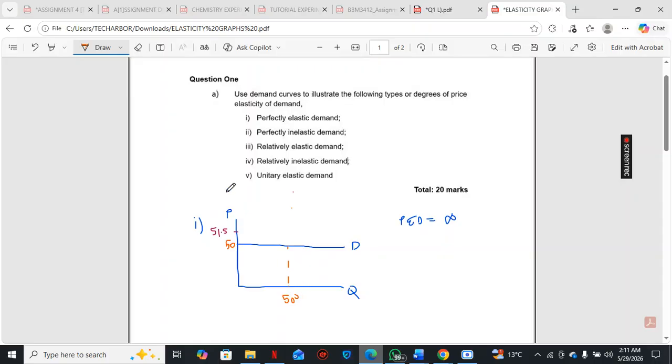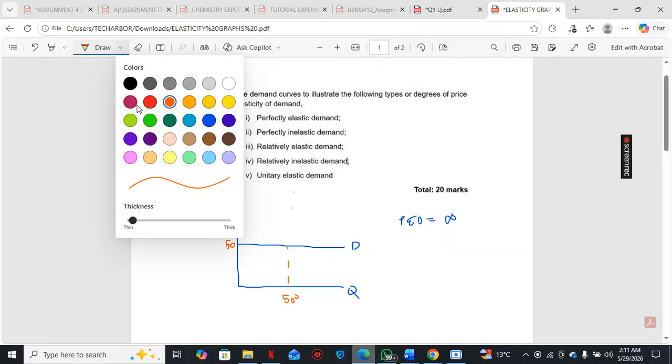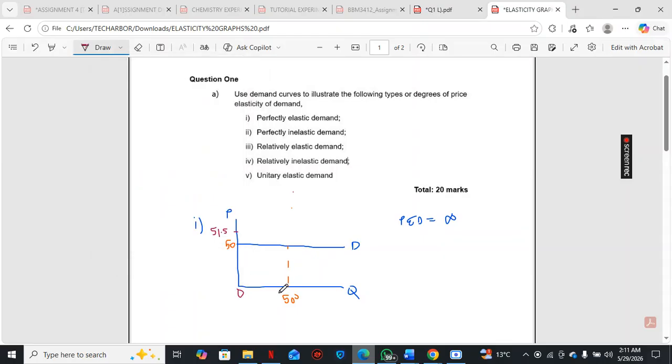But when you increase the price to 51.5 kwacha, you lose all your customers, so your quantity demanded drops to zero. That's what we mean when we say quantity demanded is very responsive to changes in price.